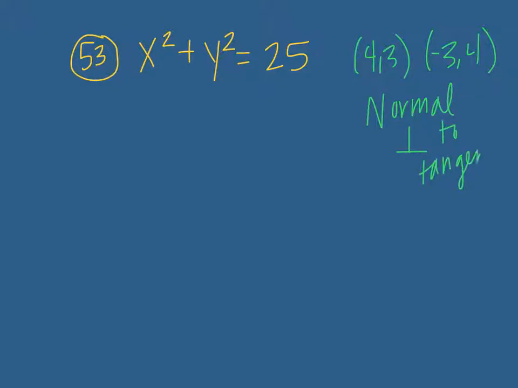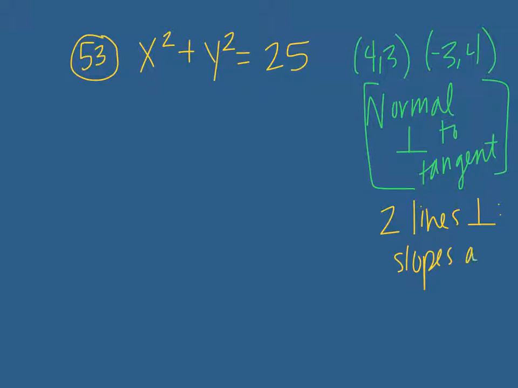So we do need to remember something about slope here from our algebra days. If two lines are perpendicular, that means their slopes are opposite reciprocals of each other.